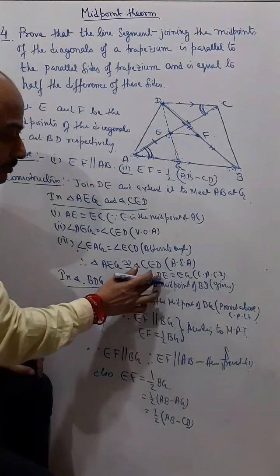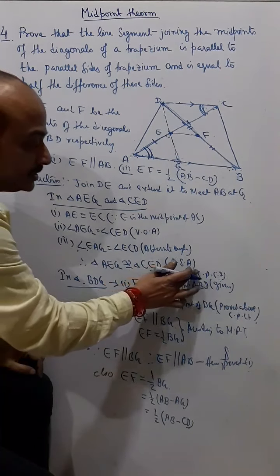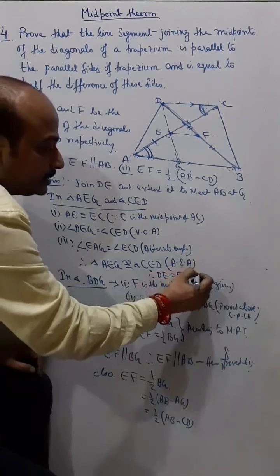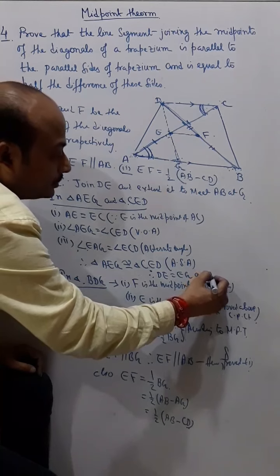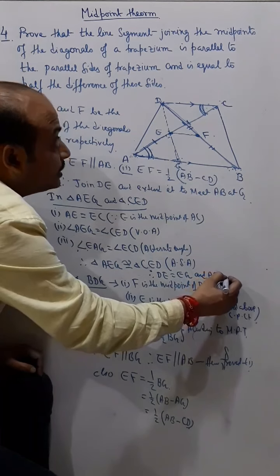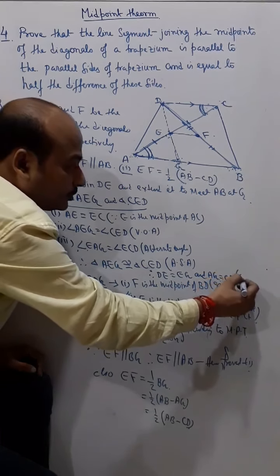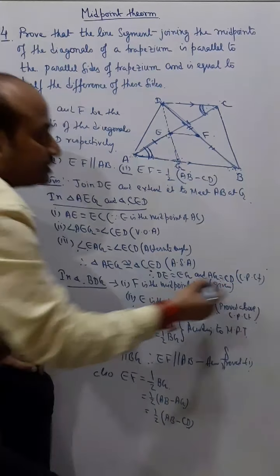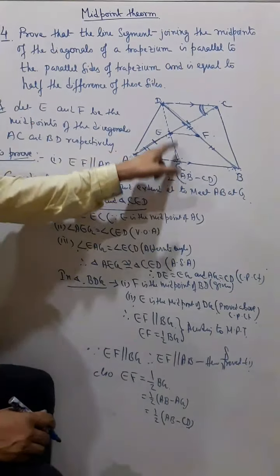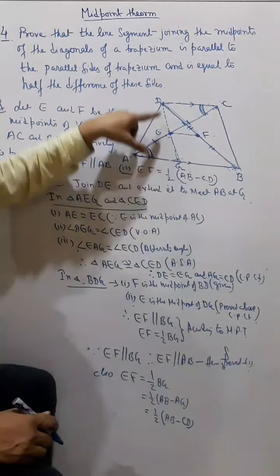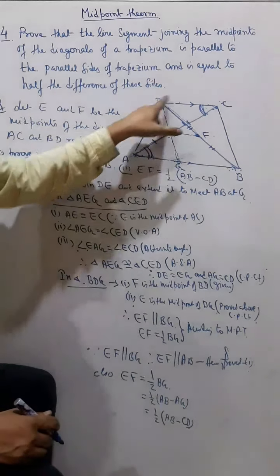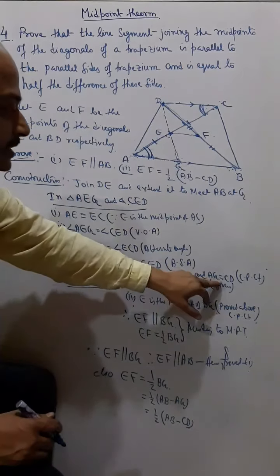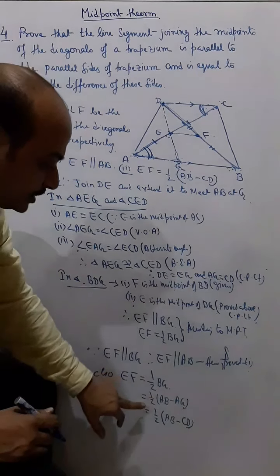As I have proved here, DE is equal to EG, and I can also say AG is equal to CD, and for both I can write CPCT.